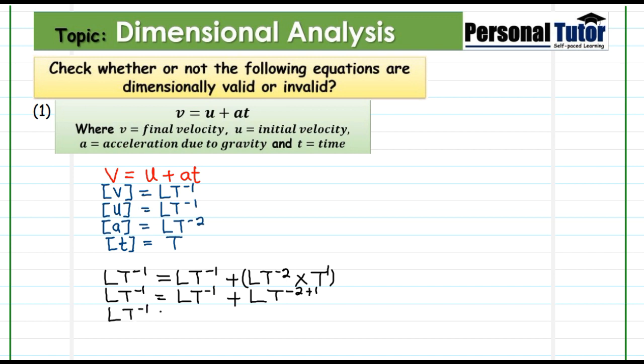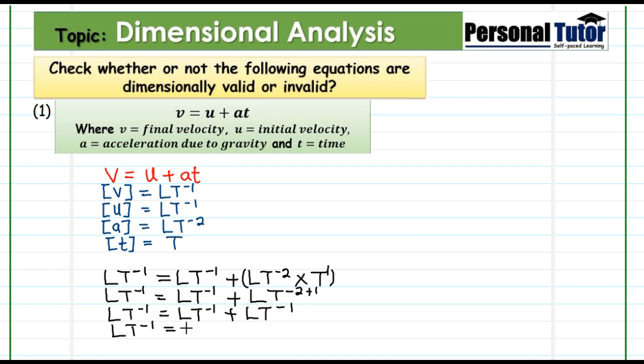So we repeat the same equation like that, plus LT. Negative 2 plus 1 is a negative 1. Looking at the equation critically, the left hand side still goes as LT minus 1 equal to, these two terms on the right hand side are the same.